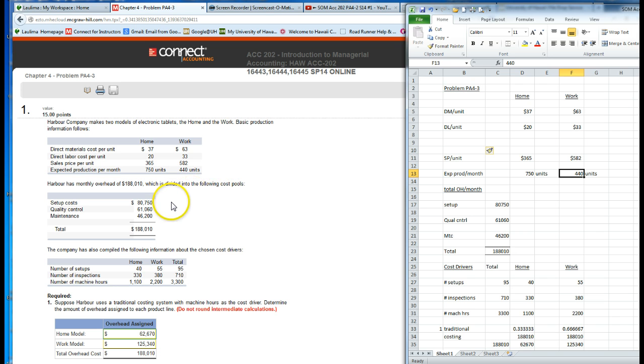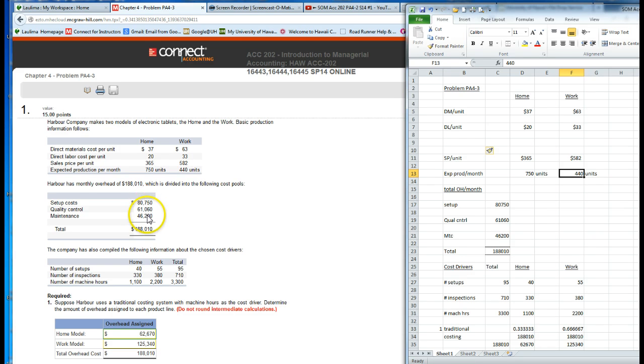We divide up our overhead costs into cost pools. And then for each cost pool, for instance, in this problem, we have 3 cost pools: setup, quality control, and maintenance. And this distribution here is based on some reasonable, logical, and hopefully accurate methodology.